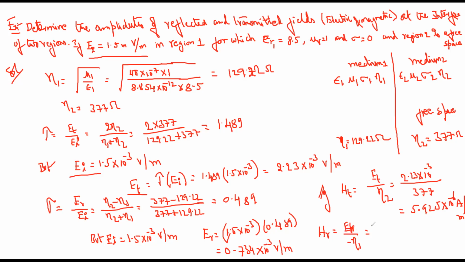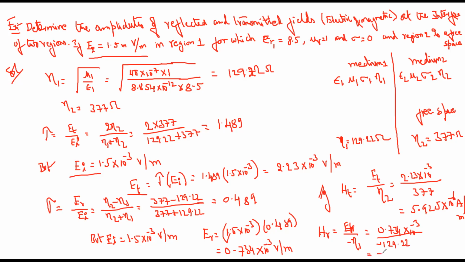What is the ER we got? 0.734 into 10 to the power of minus 3, divided by minus 129.22.